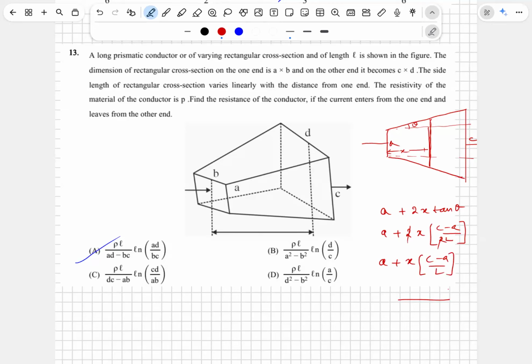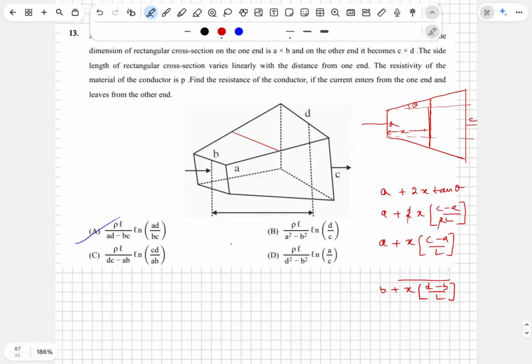But that is not the only factor. Top view is also required equally. Same picture. B plus X into D minus B by L. Any doubt?